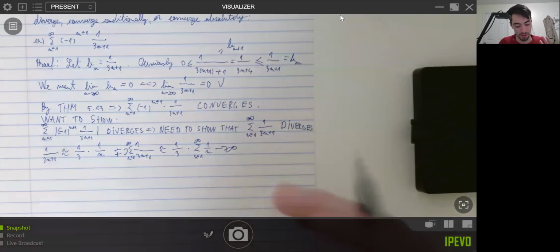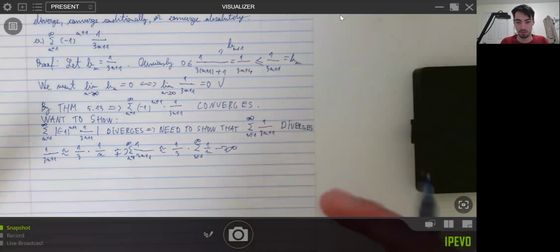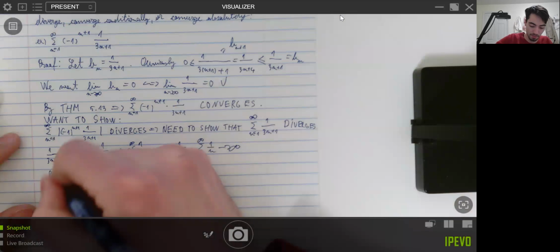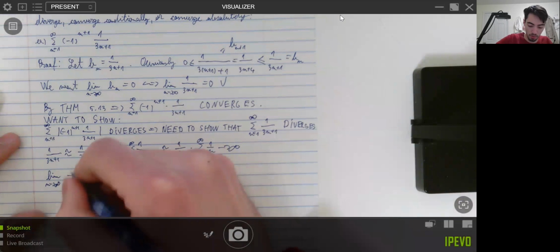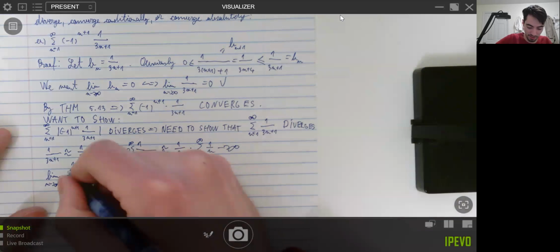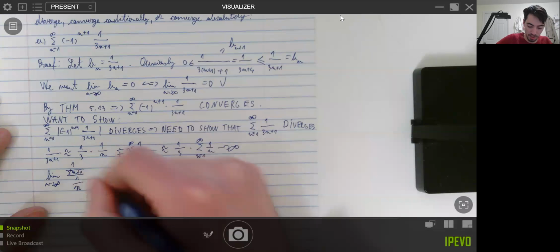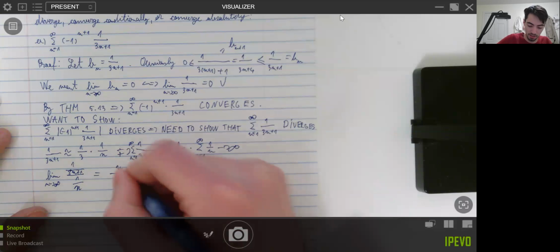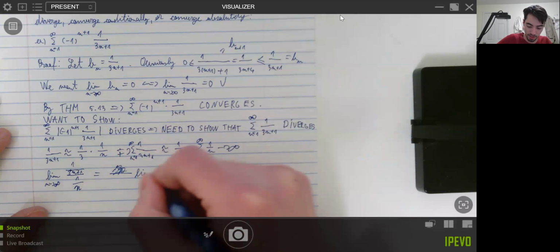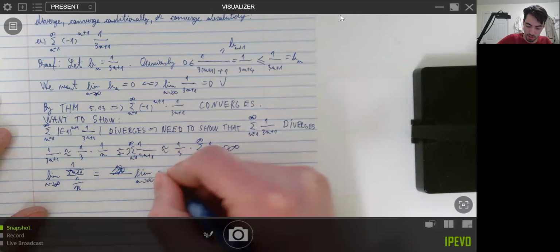But this is math, so we have to rigorously prove stuff. So we can do this by the limit comparison test, again with the harmonic series. So we know that the limit as n goes to infinity of (1 over 3n+1) over (1 over n) is just equal to the limit as n goes to infinity of n over 3n+1.